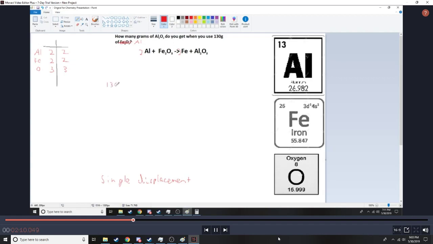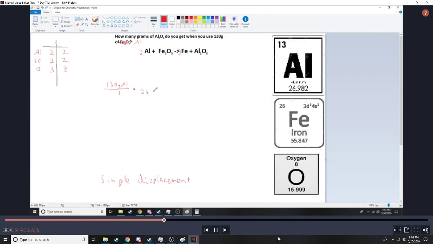So we have 130 grams of aluminum over 1. We have to figure out how many moles of aluminum we have. So that's a times symbol. How many grams of aluminum are in a mole? Luckily we have that right here, 26.982 grams of aluminum, because that is the atomic weight on the periodic table, and that tells us how much of it is in a mole.